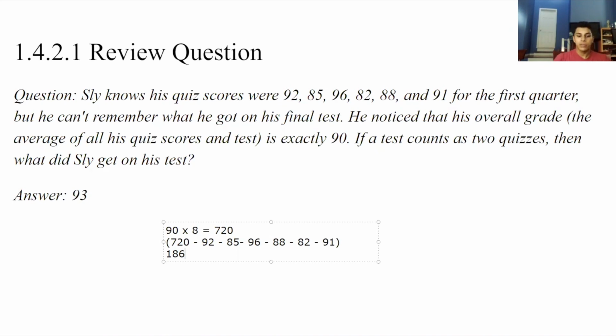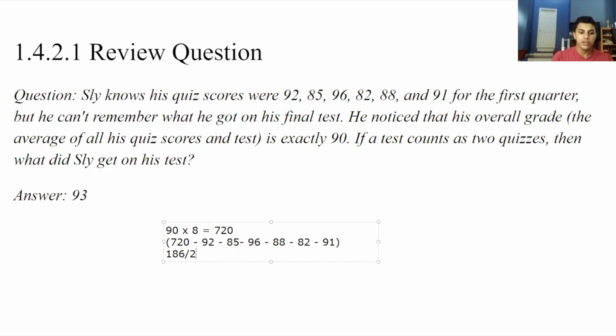And so you can't stop there because obviously Sly didn't get a 186% on his test. That's just completely absurd. And I already told you the answer was 93, but you wouldn't know that if you're just trying this question on your own. So what we need to do now is divide 186 by 2, and here's why.